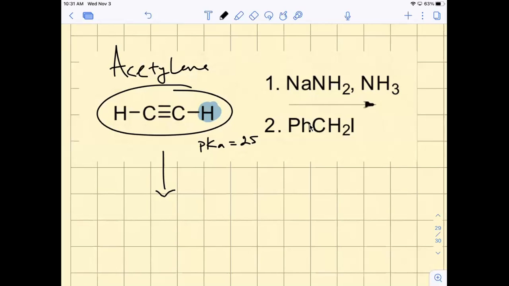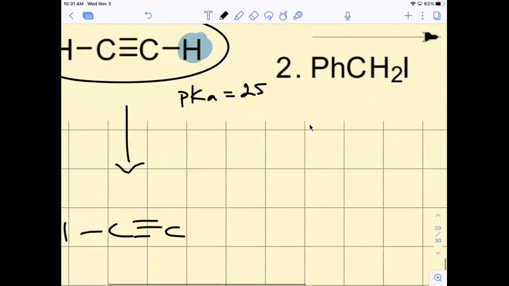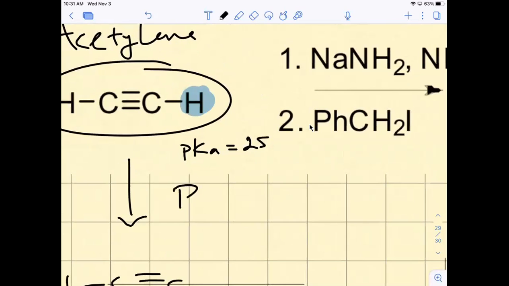So I can take that and treat it with a base. I'm just going to use a generic base like this. All right, we've seen this before. This is acid-base chemistry. So this is nothing new, right? We've done this when we studied pKa.